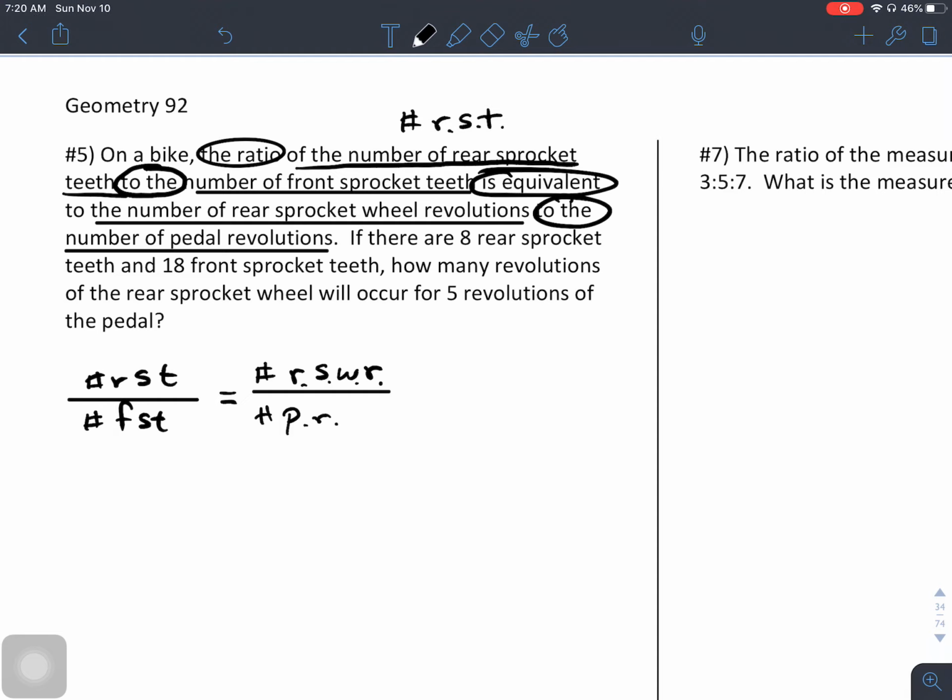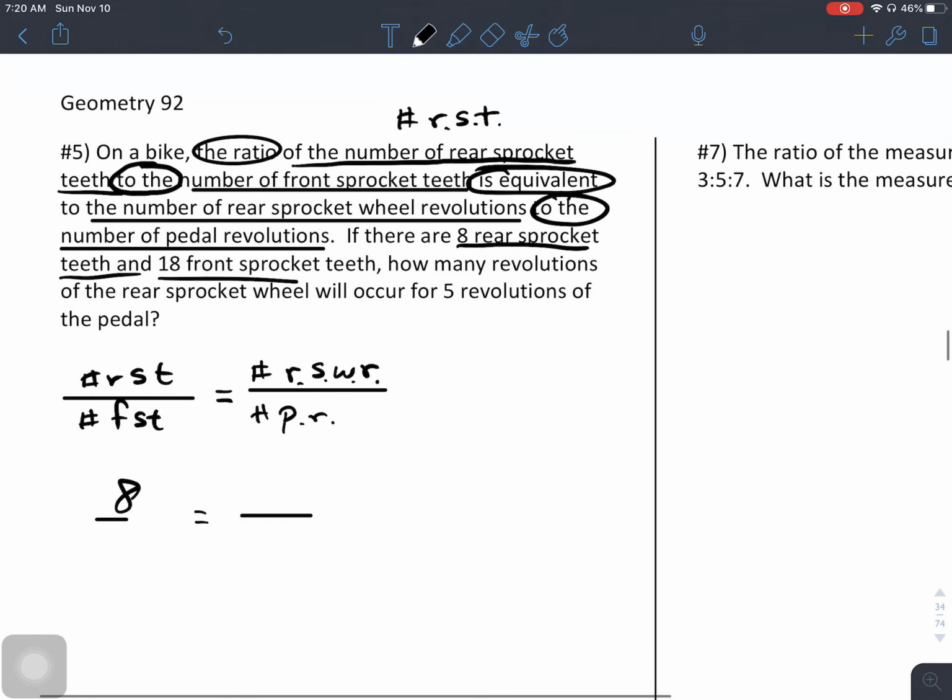If there are 8 rear sprocket teeth, where am I going to put 8? Am I going to put it in place of rear sprocket teeth, front sprocket teeth, rear sprocket wheel revolutions, or pedal revolutions? Well, it says rear sprocket teeth, so it goes up here like so. 18 front sprocket teeth, well, that's the denominator on the left.